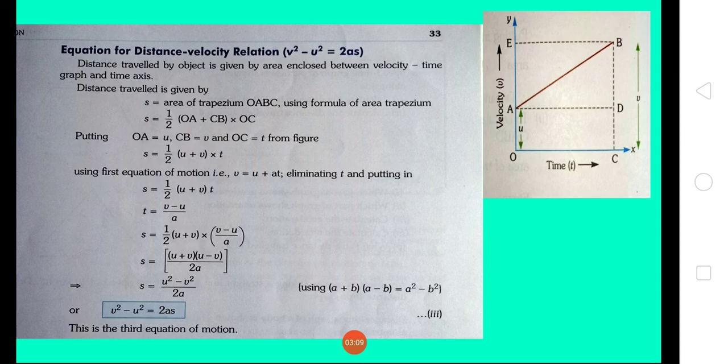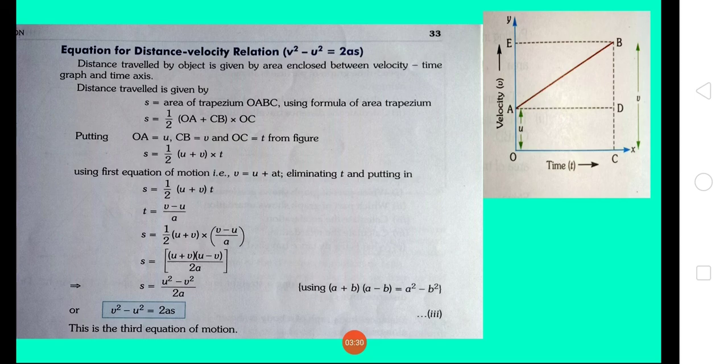So when we are substituting the values, we get OA is equal to u, the initial velocity, CB is equal to v, the final velocity, and OC equal to t, the time.